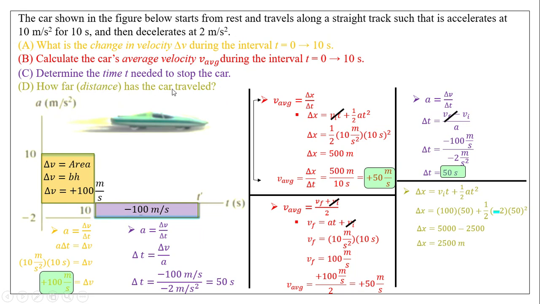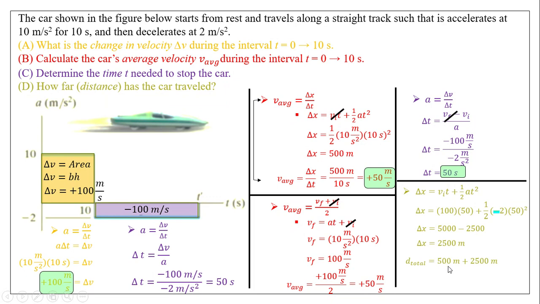But that's not the answer yet. It says how far has the car traveled? Well, if you pay attention in part B, we know that during the first 10 seconds, where I'm circling back and forth with my cursor, the car has covered a distance of 500. And then it's going to cover an additional 2,500 meters. So to find the total distance, I would just add those two values.